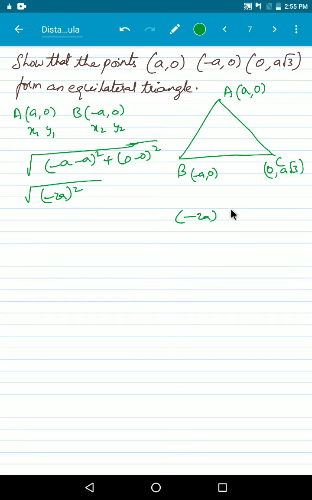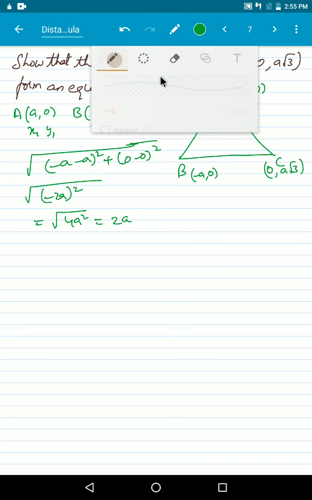Minus 2a multiplied by minus 2a will give us 4a square. Okay, 2 twos are 4, a into a is a square. So this is equal to root 4a square. Root 4 is 2, root a square is how much? A. So this distance is 2a. Alright, this distance is 2a.